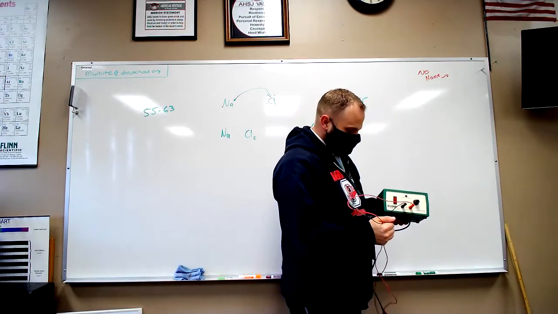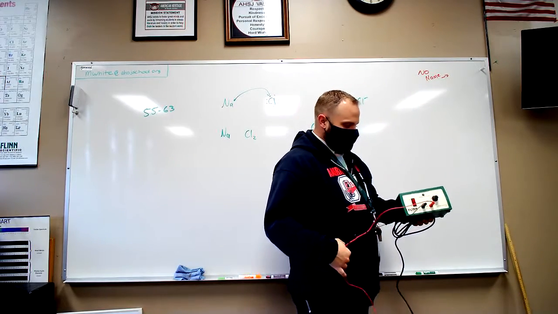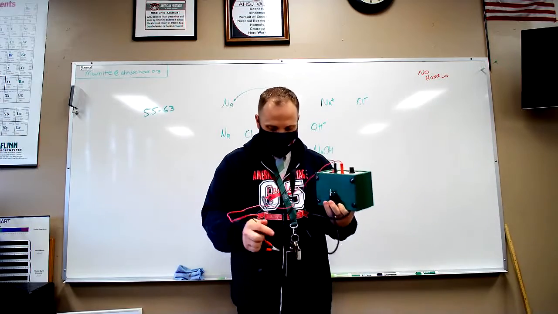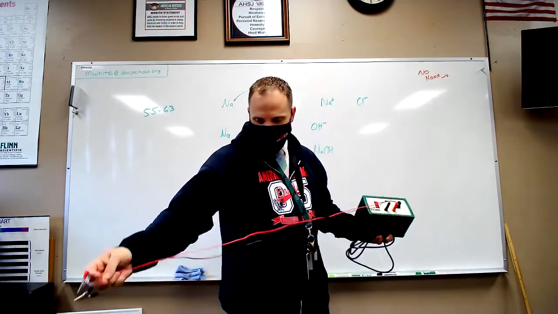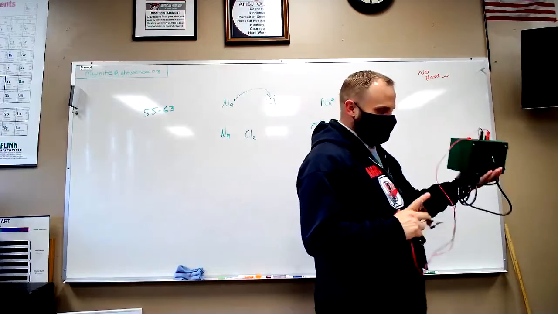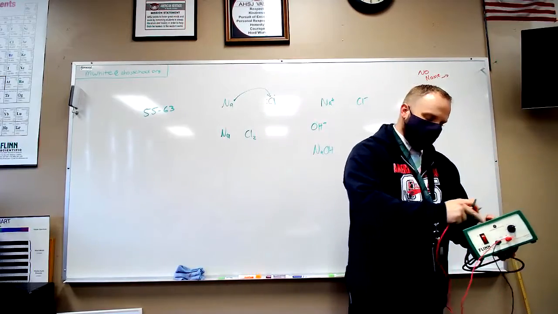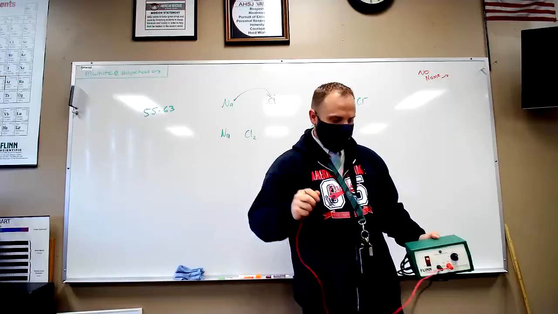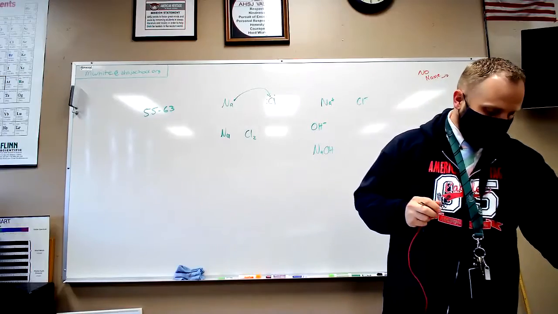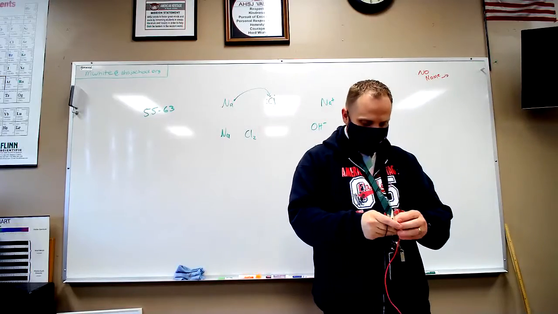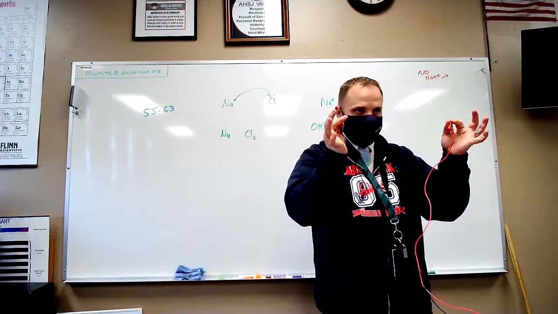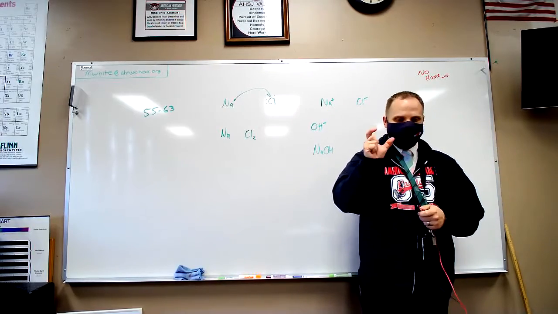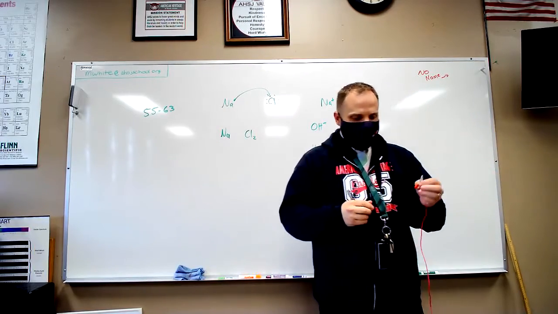I'm going to keep it at 9 volts. Even though we plugged into the wall, because of the mechanism in here, these are very safe. When it's plugged in, you can actually grab them with your hands and it's not going to shock you. It's just like if you would take a battery and put your fingers on either side.